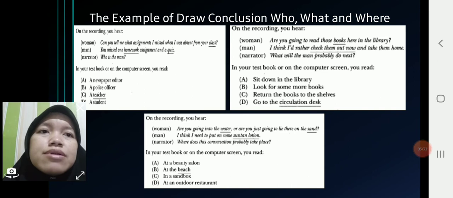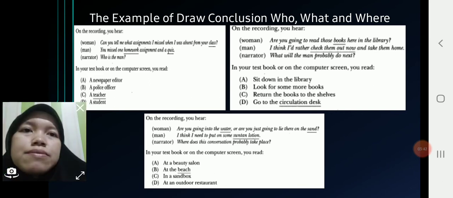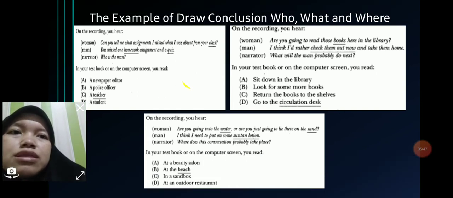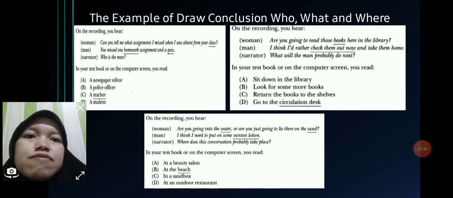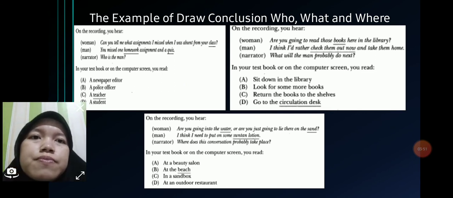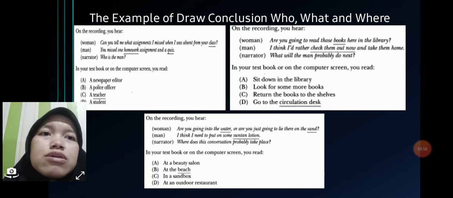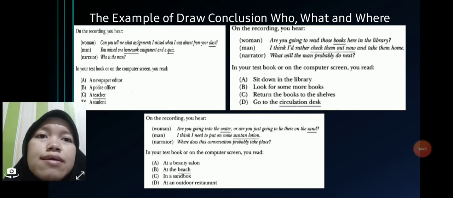Here is an example of drawing conclusions about who, what, and where. This is an example for who. "Can you tell me the assignment I missed when I was absent from your class?" "You missed one homework assignment and a quiz." Who is the man?